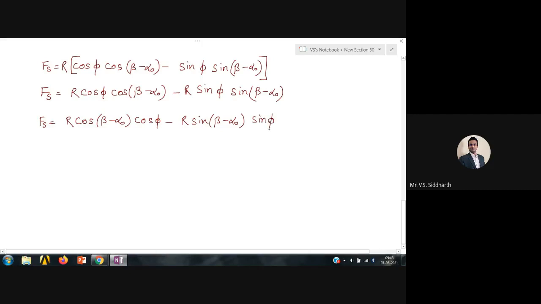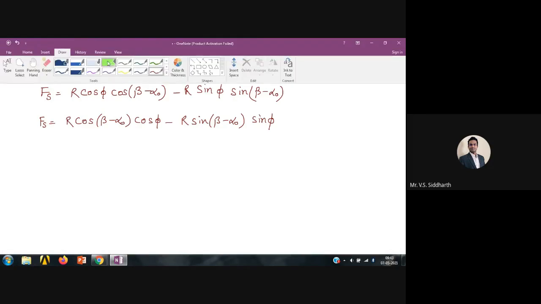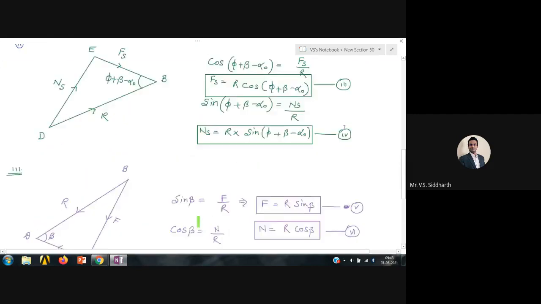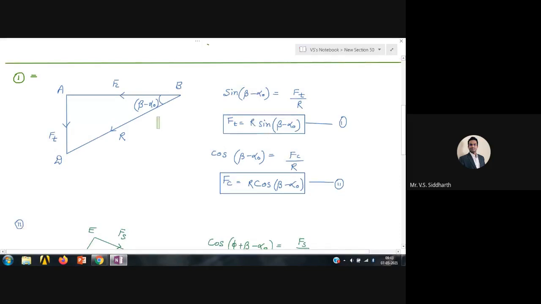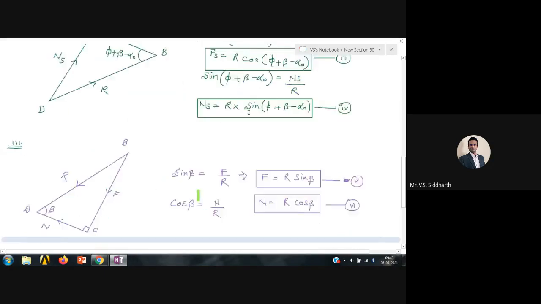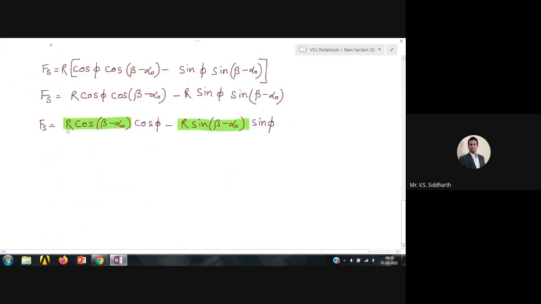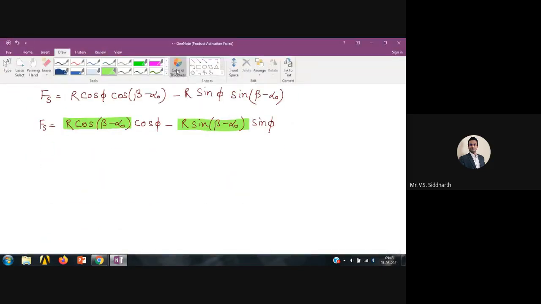Just rearranging the terms. That's it. Now you tell me, what is this R cos(beta minus alpha naught) and what is this R sin(beta minus alpha naught)? Fc and Ft. So what I have done here, I have written the relation for Fs in terms of Ft and Fc.